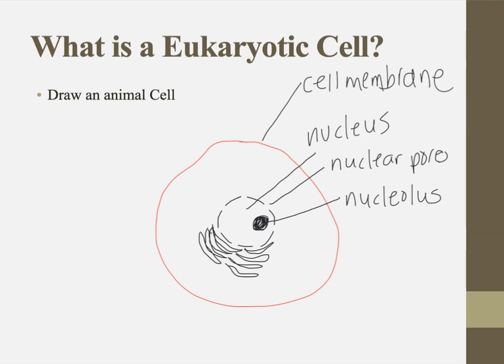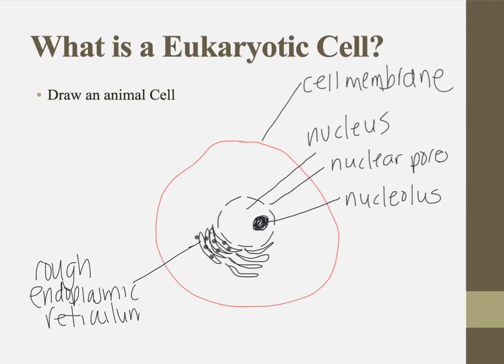Maybe let's try something else here. Okay, super. So some of them are going to have little dots on them. This is a structure called the rough endoplasmic reticulum. Sorry, that says reticulum.